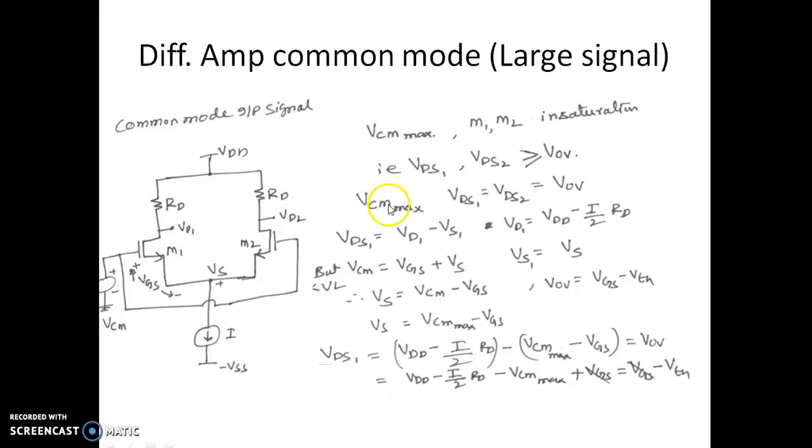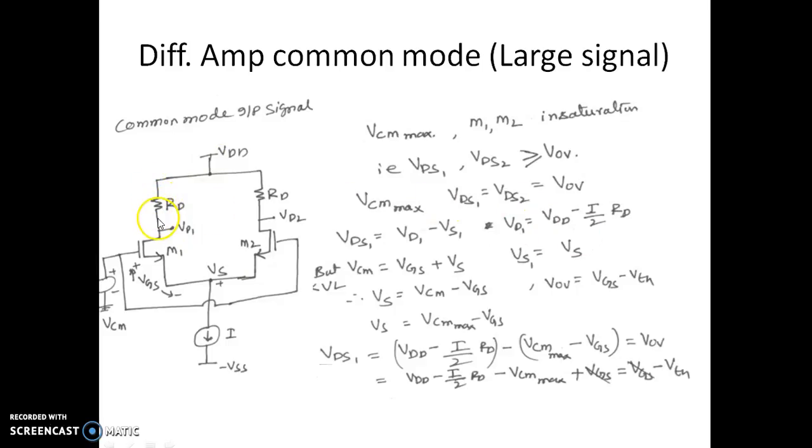So for VCM to be maximum, VDS1 equal to VDS2 should be equal to VOV. And as we know, VDS1 is nothing but VD1 minus VS1, that is the potential across the drain and source. But what is VD1? The voltage at this drain 1 is nothing but VD minus ID1 into RD.